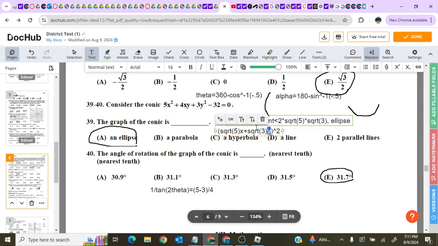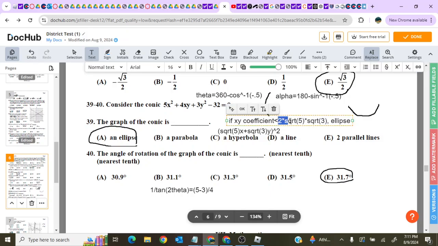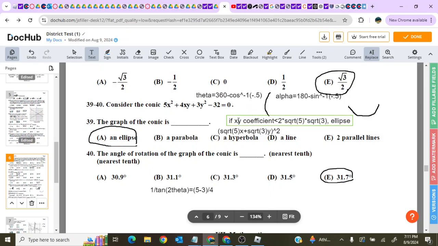If so, it can't be represented by this, and it is therefore not an ellipse. However, in this case, this boils down to multiplying 2 times square root of 5 times square root of 3. However, the xy given is indeed less than that value, so it is indeed an ellipse.